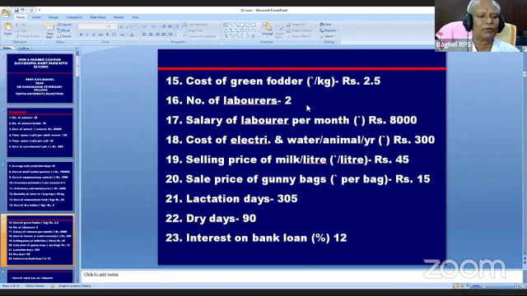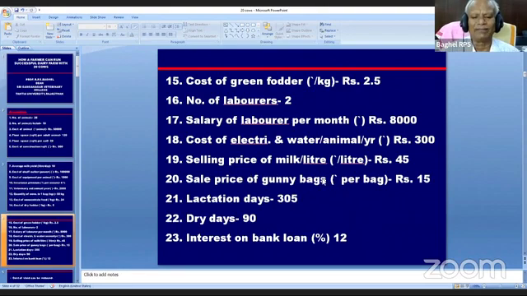The number of laborers required is a minimum of 2, with a salary of rupees 8,000 per month. Then expenditure on electricity and water is around rupees 300 per month, and the selling price of the milk at present is rupees 45.